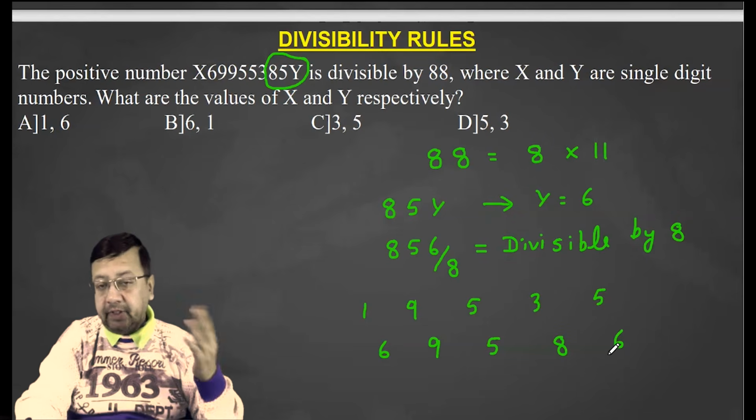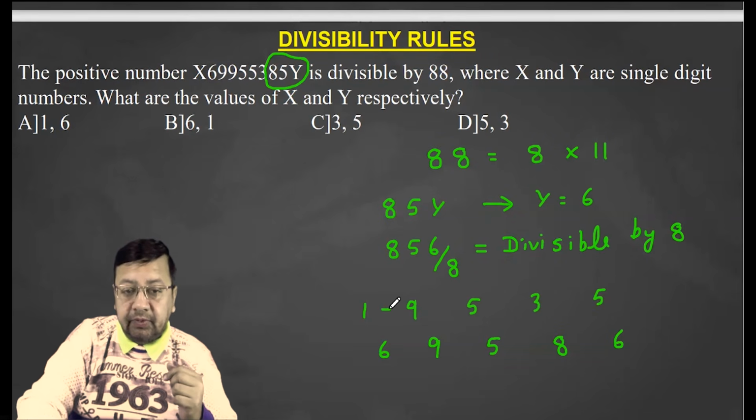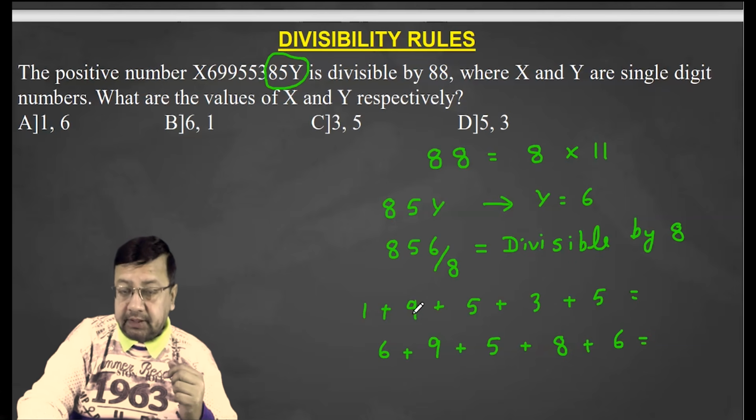This way you are separating, and then add them separately, so you get two different summations. First, 1 plus 9 is 10, 10 plus 5 is 15, 15 plus 5 is 20, 20 plus 5 is 25.